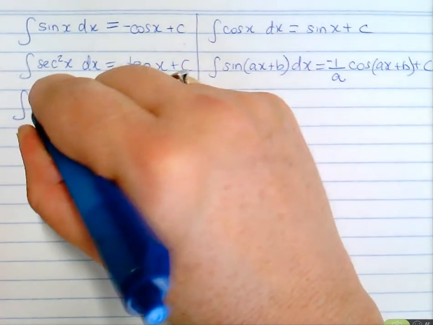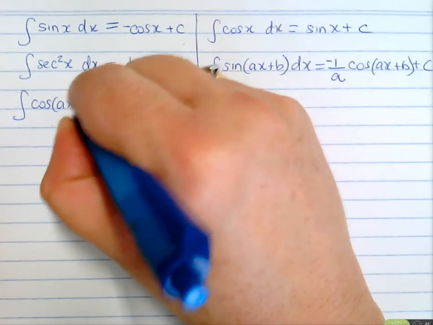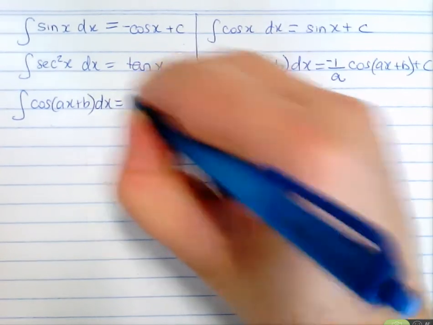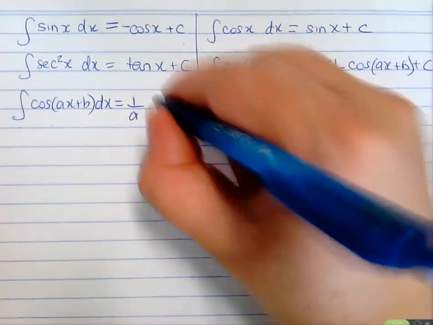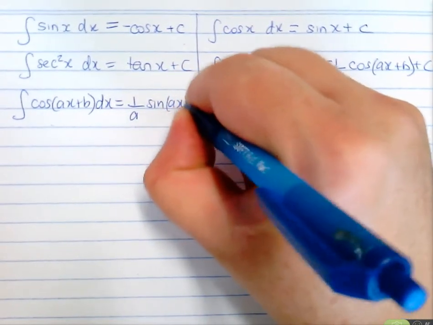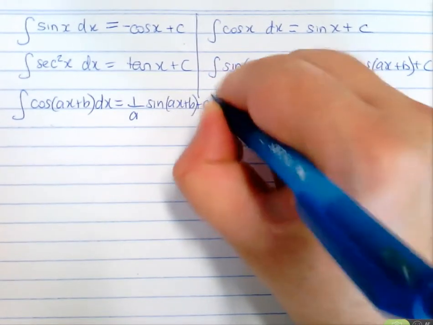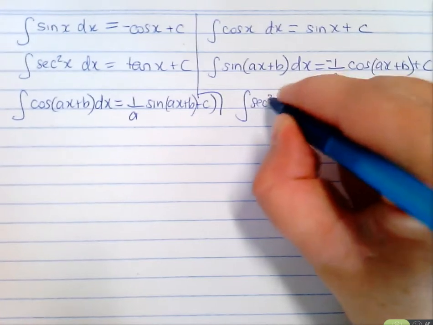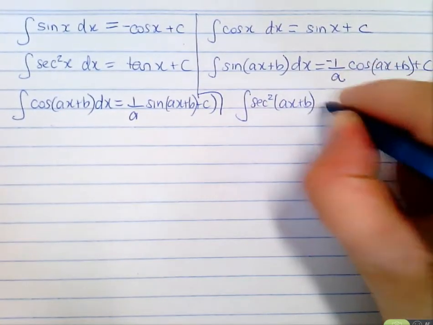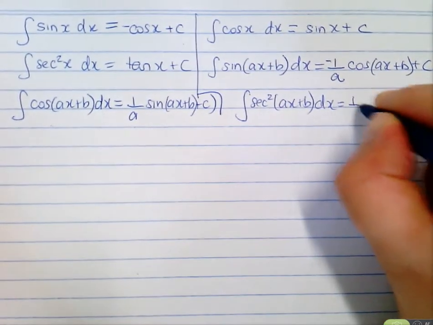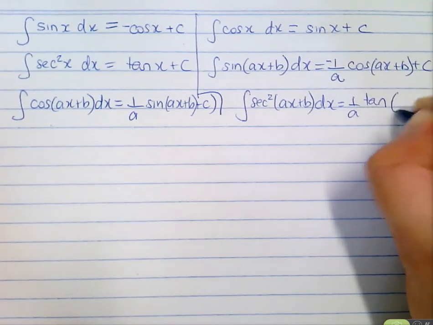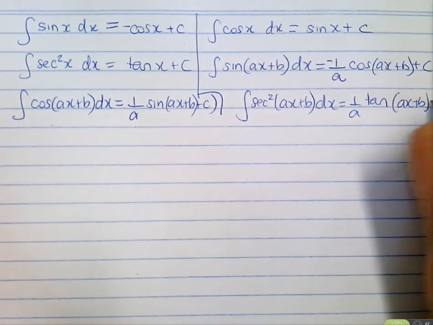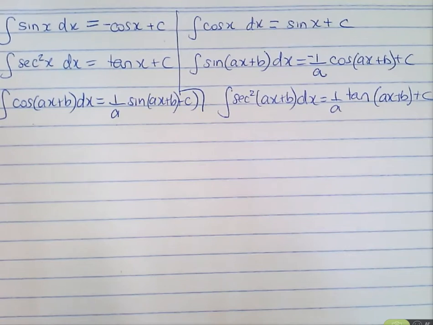If you integrate cos ax plus b, you get 1 on a sine ax plus b plus c. And if you integrate sec squared ax plus b, you get 1 on a tan ax plus b plus c. They were the rules yesterday.